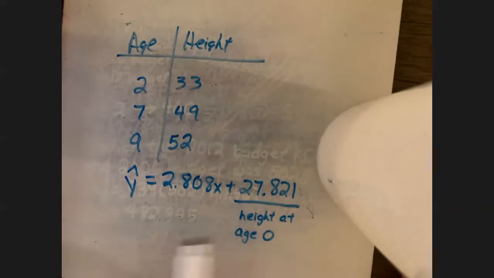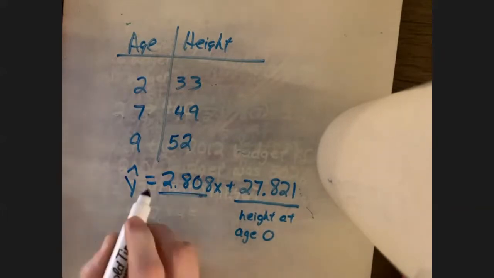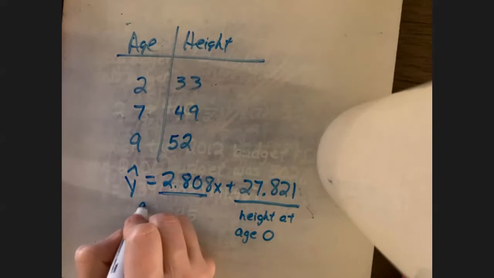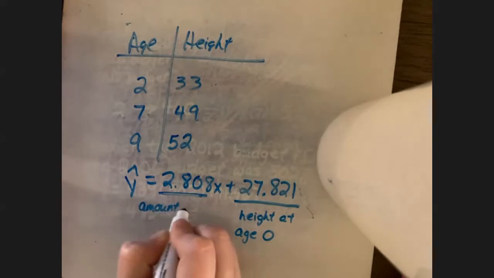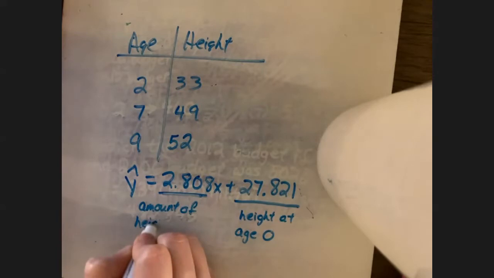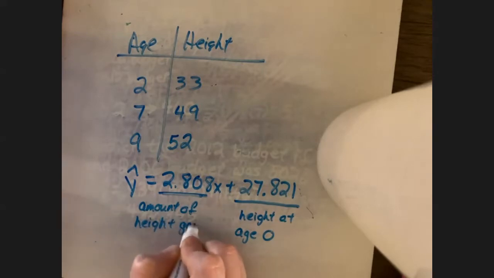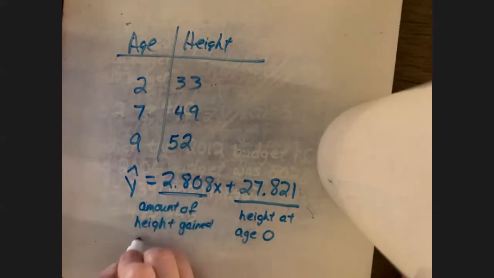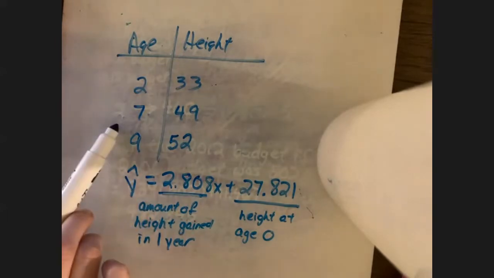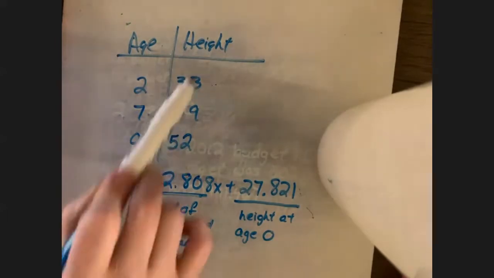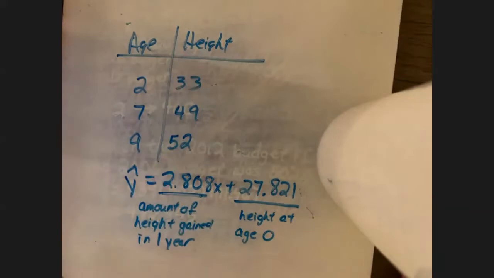Now, this is the amount of height gained, because it's positive, in 1 year. So for every 1 that the X goes up, this is the amount that the Y goes up. If it was negative, then it would be the amount that the Y goes down. So this is the amount of height gained in 1 year.